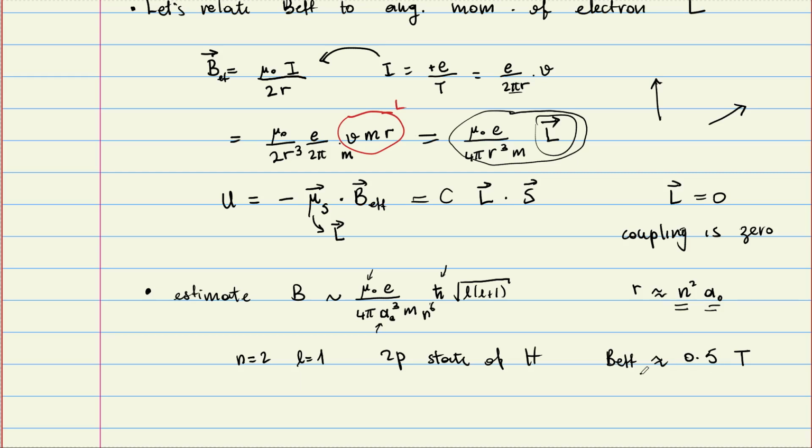So the result is I found effectively a magnetic field of order 0.5 Tesla. And my question to you, is this big or small? Huh? Big? Yes. How big is it? If I remember correctly, Earth's magnetic field is 0.5 Tesla.